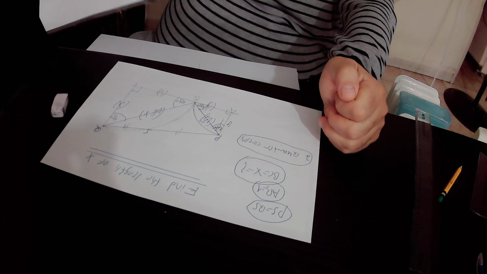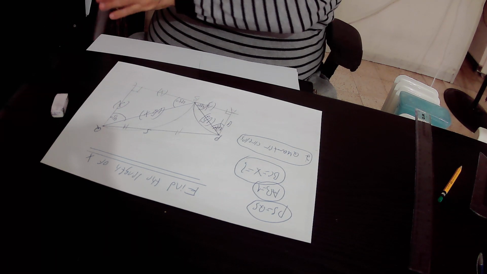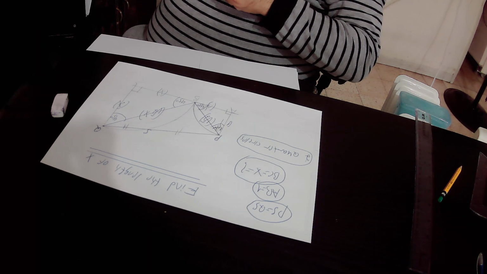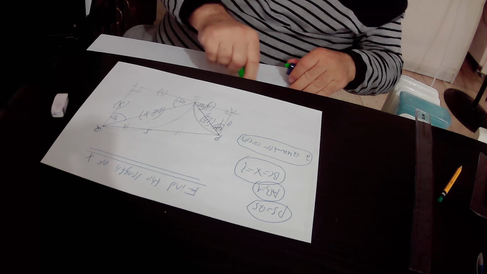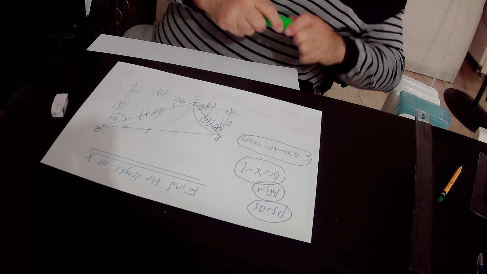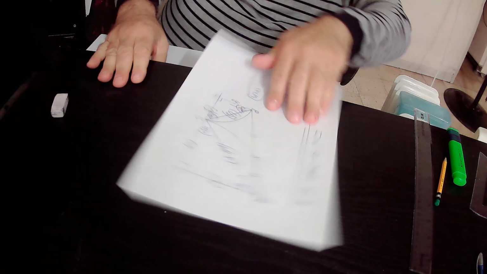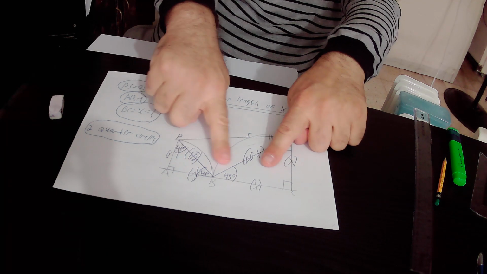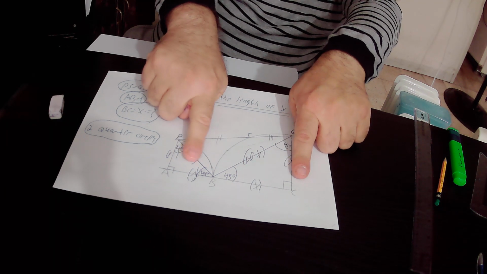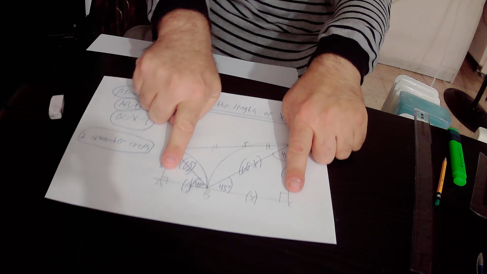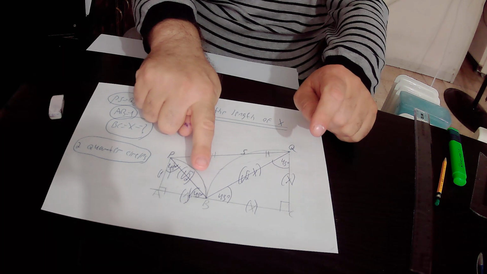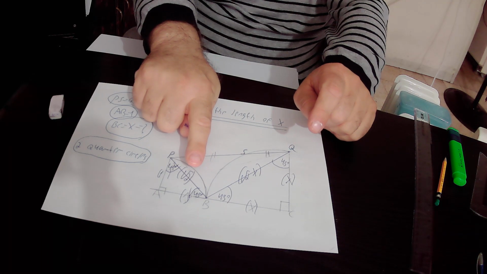So in total alpha plus beta must be equal to 180 degrees according to this rule number 3. Actually, you can implement rule number 3 in our drawing. Why? Because in our drawing, if we focus on the upper side of this straight line AC at point B, here the sum of the angles must be equal to 180 degrees according to rule number 3.